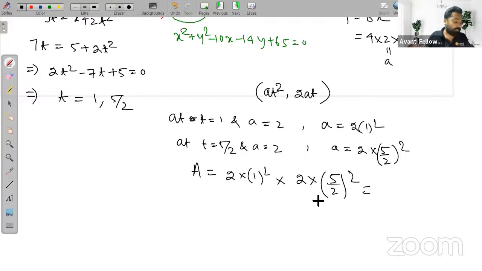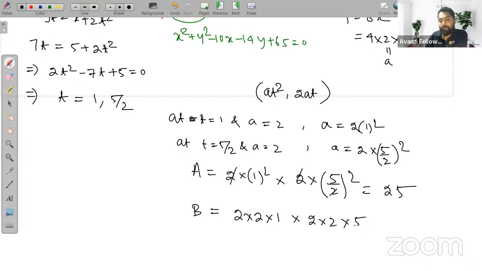Product of all possible values of a: the 2 squared will be cancelled out, and we are getting 25. So capital A is 25. What will capital B be? B is the product of possible values of the y coordinate. At t = 1 and a = 2, the y coordinate is 2 into 2 into 1, and the other coordinate at t = 5/2 is 2 into 2 into 5/2.